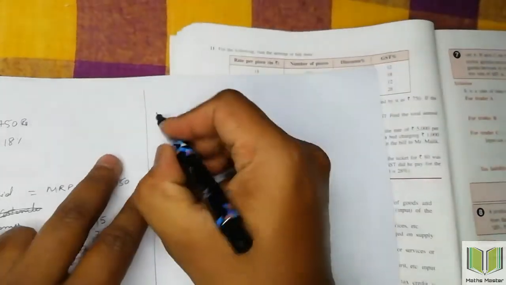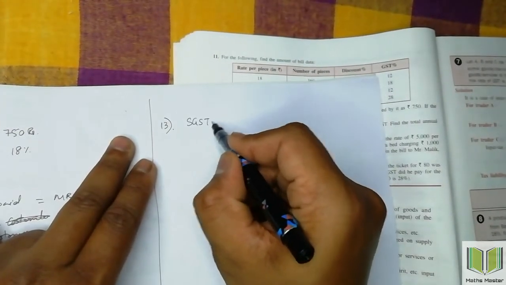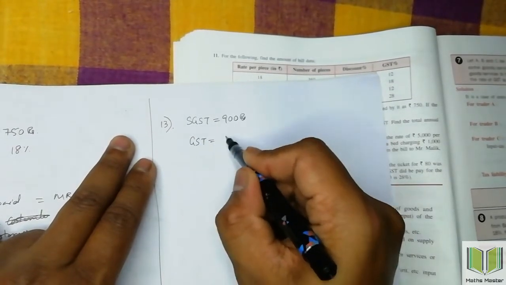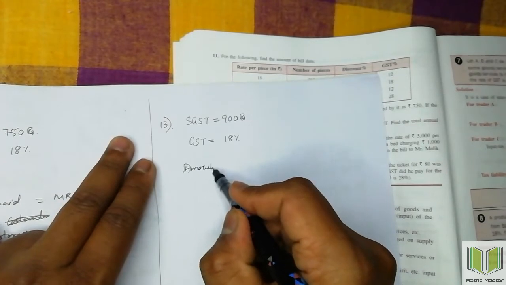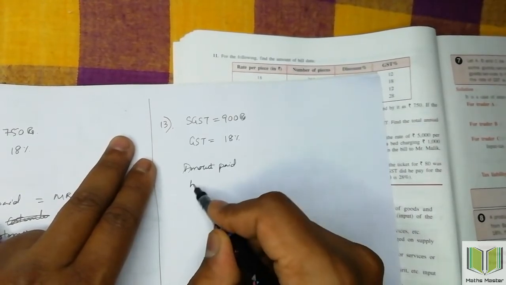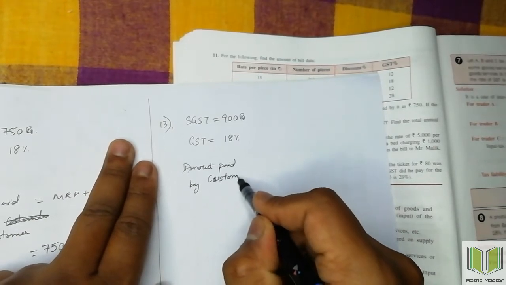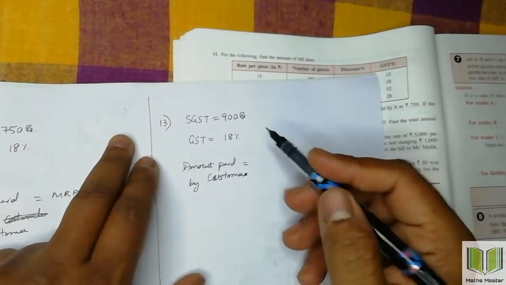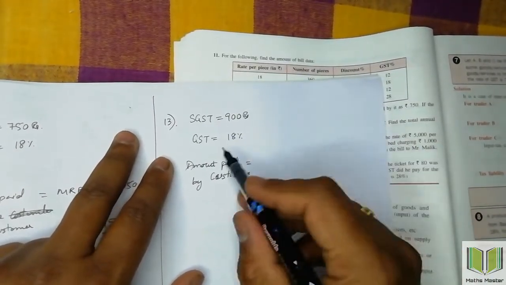First thing first, write down all the given, that will help you out. SGST is equal to 900 rupees. GST is equal to 18%. They're asking for the amount paid by the customer.